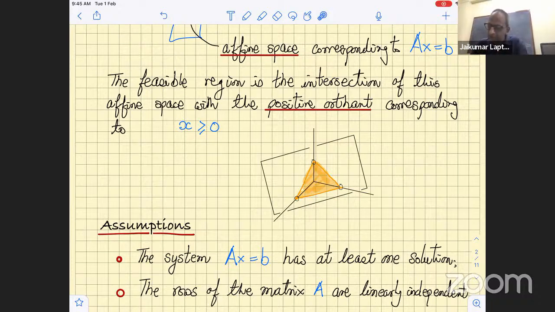Is this clear? It's a very simple picture in 3 dimensions. There will be an objective function defined by the vector c, and you're trying to find out which point in this region gives you the best dot product with that c.